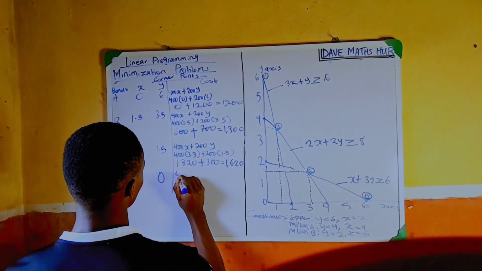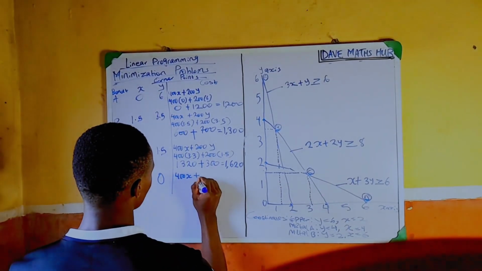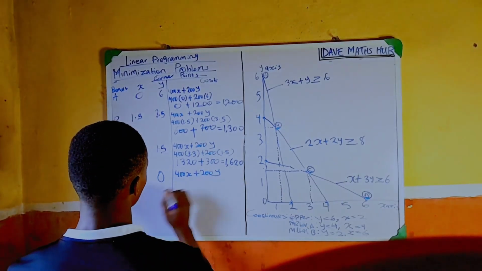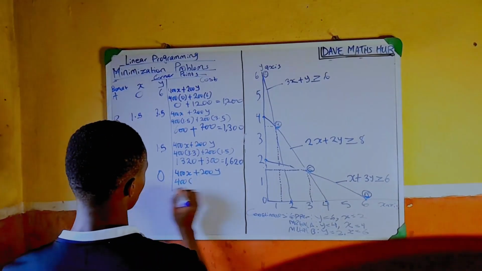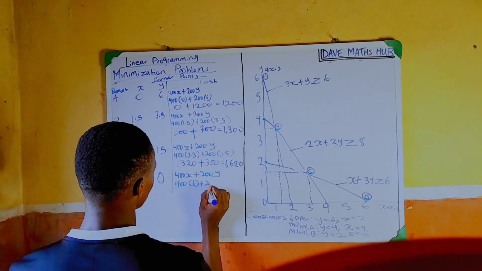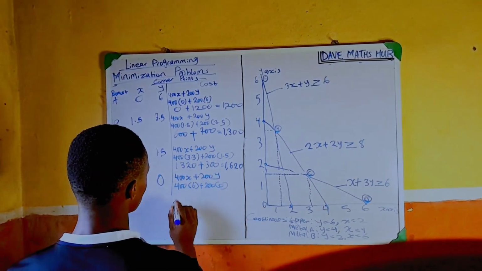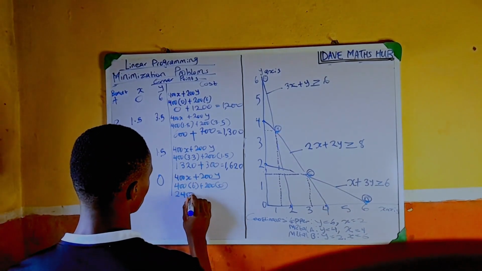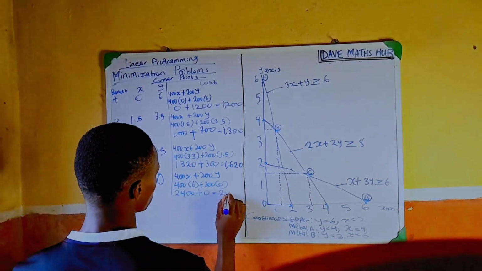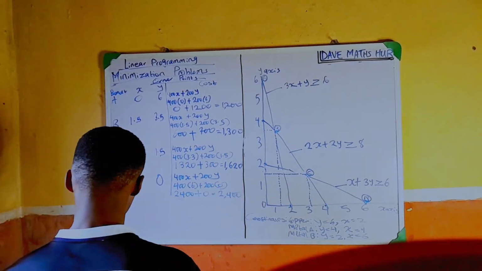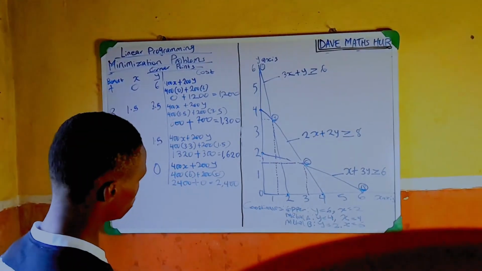And the last one, 400x plus 200y equals 400 open bracket 6 plus 200 open bracket 0. 400 times 6 is 2,400 plus 0 equals 2,400. Now, we've gotten all this.